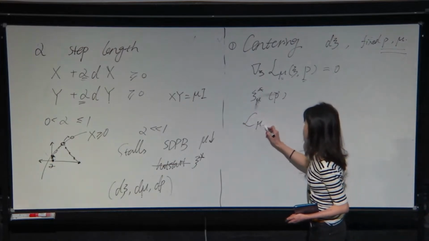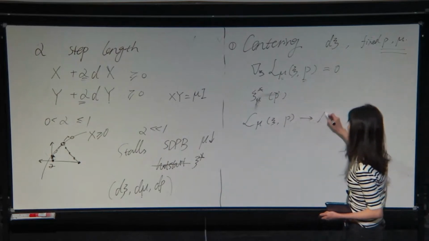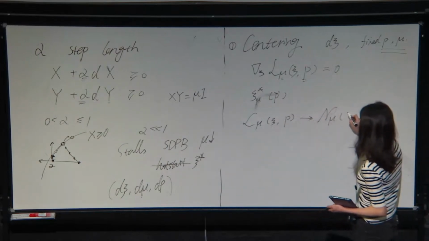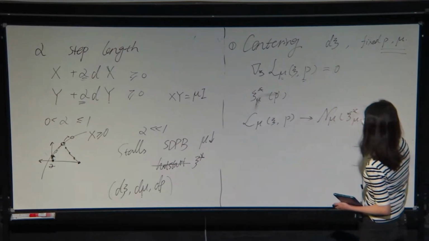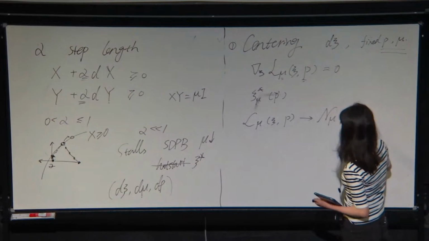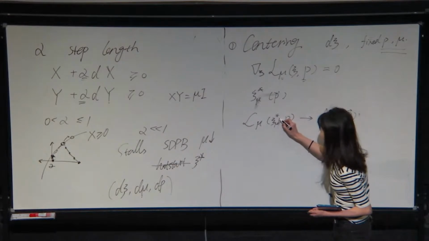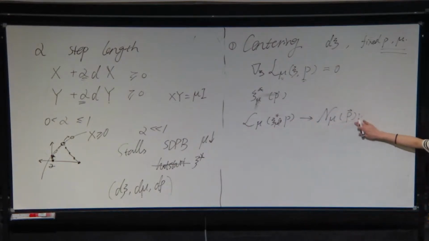So then at this stage, our Lagrangian, we can rewrite it. Our Lagrangian with those local stationary solutions becomes a function of mu and P alone. We can think of it as a finite mu navigator function, a finite mu version of the navigator function.